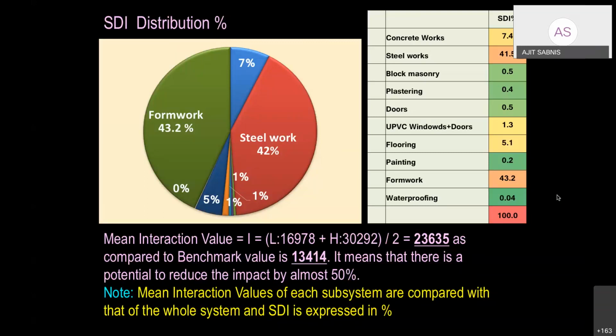So what does it mean? From the 23,635 value, we can actually reduce it to about 50%. So mean interaction values of each subsystem are compared with that of the whole system and then expressed in percentage, which I explained to you.